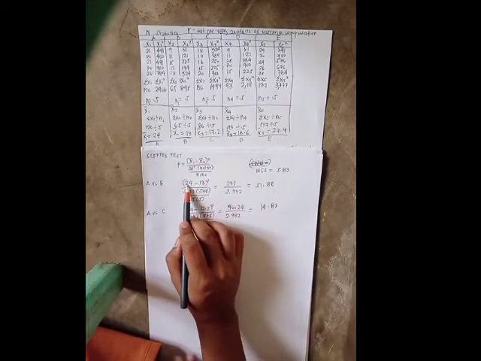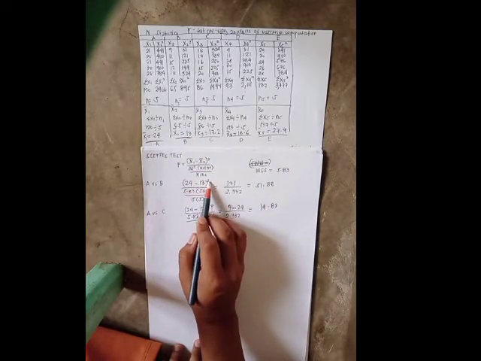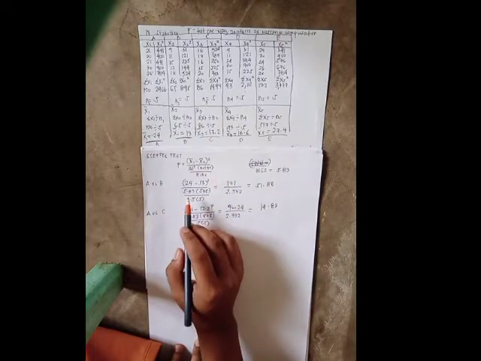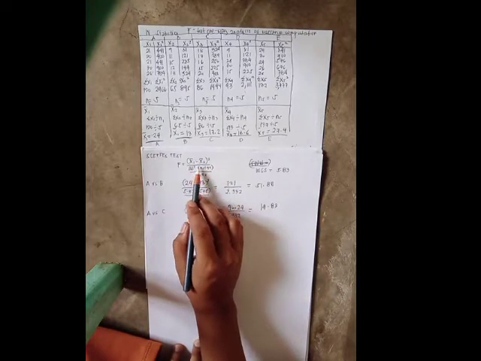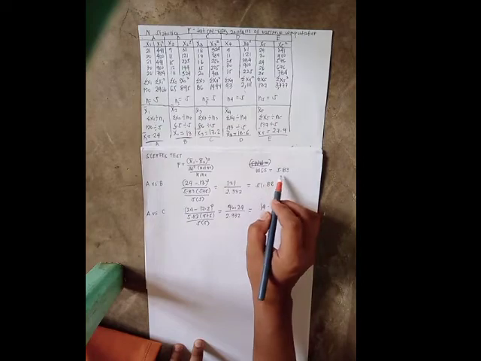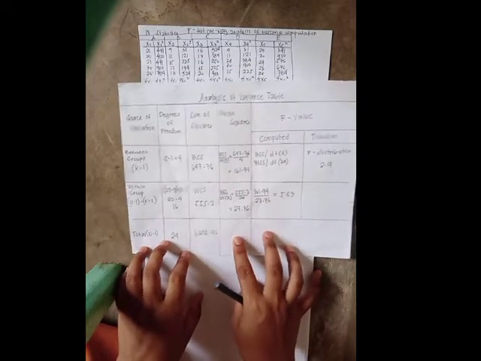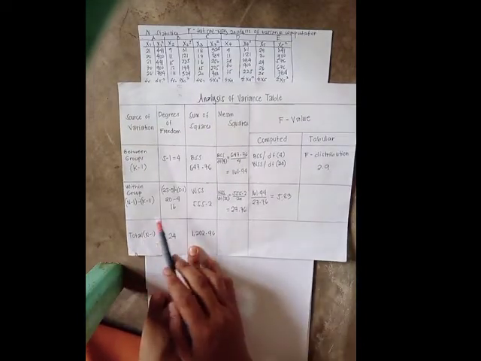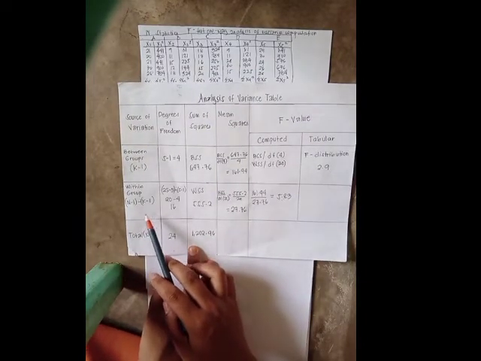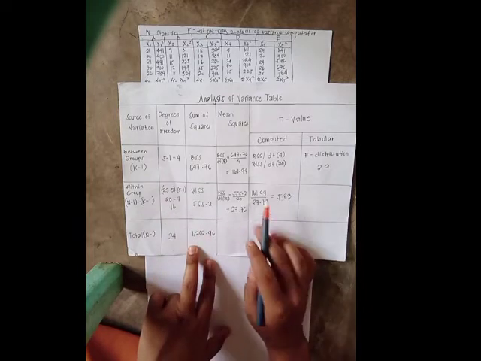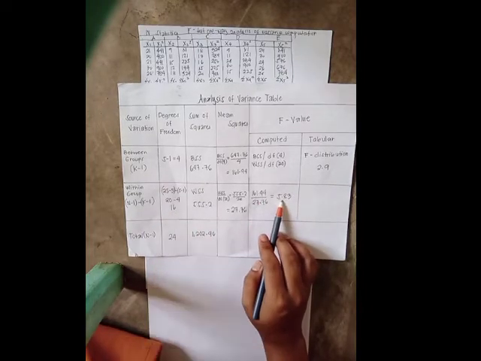Let's subtract and square it. Our within sum square is 5.83, it's in our analysis of variance table.